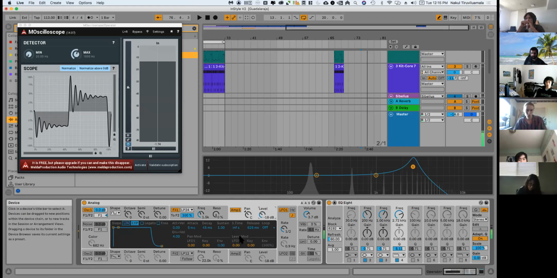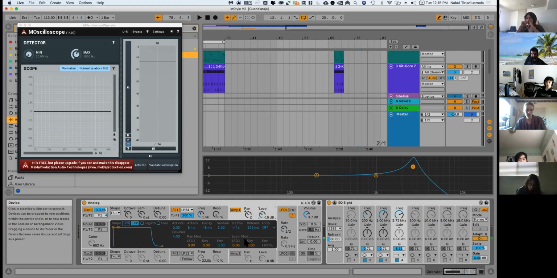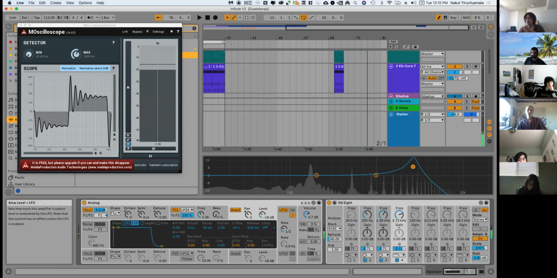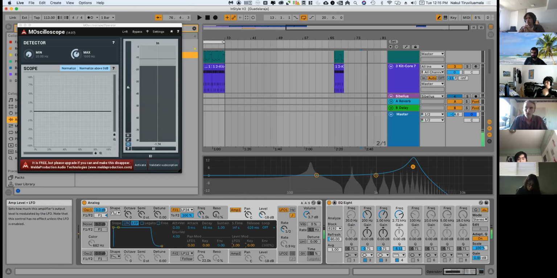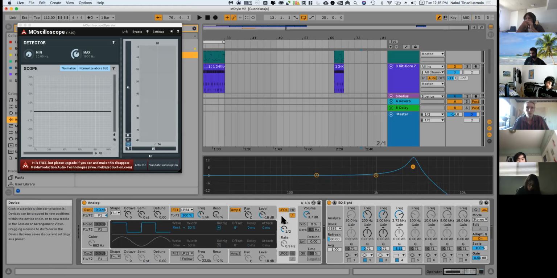So I've got this nice bright sound. Great. If I want the LFO to affect the amplitude level, I would go to this parameter right here, the level mod, and this controls the depth of this modulation. I access it here and not here for this particular synthesizer.